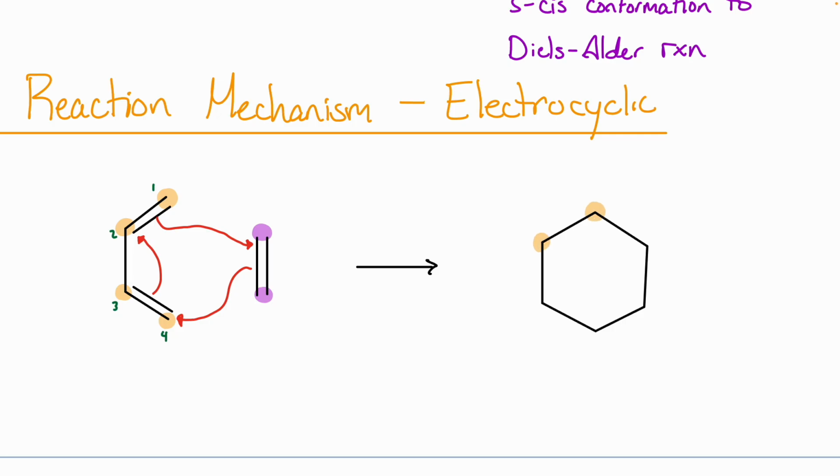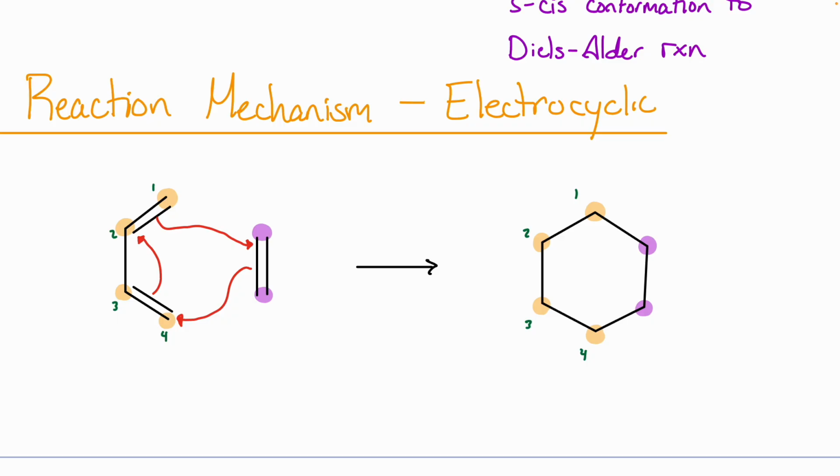For these carbons, which we had labeled 1 through 4, those come from my diene. The other 2 from that dienophile. All right, so these electrons moved in this circle here. So what exactly happened when that occurred?